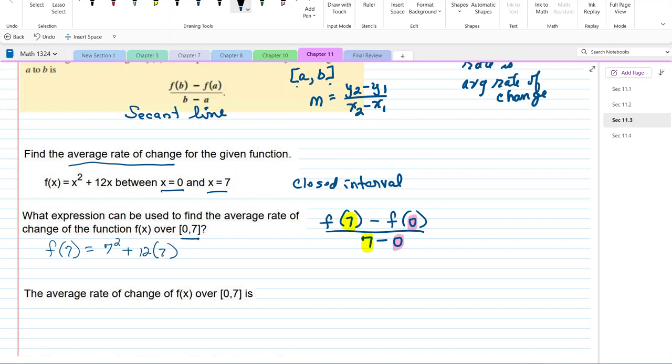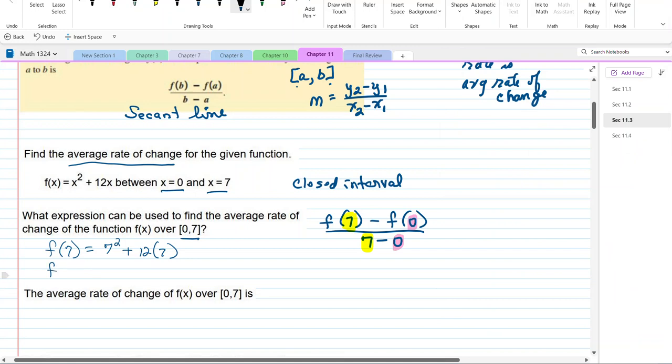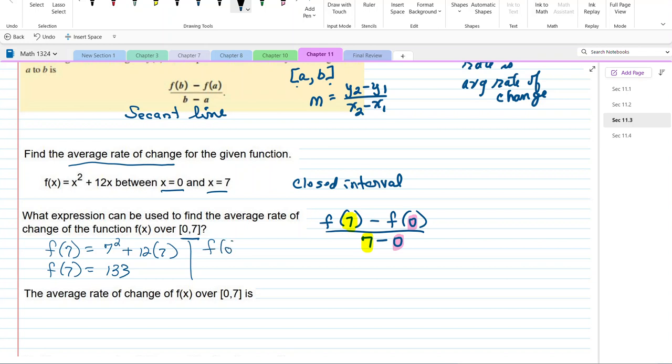And we're going to use our calculator, of course, because this is kind of heavy. 7 squared plus 12 times 7, and we're going to get 133. And now we're going to do f of 0. Well, f of 0 is easy because we have 0 squared plus 12 times 0. So we get 0.